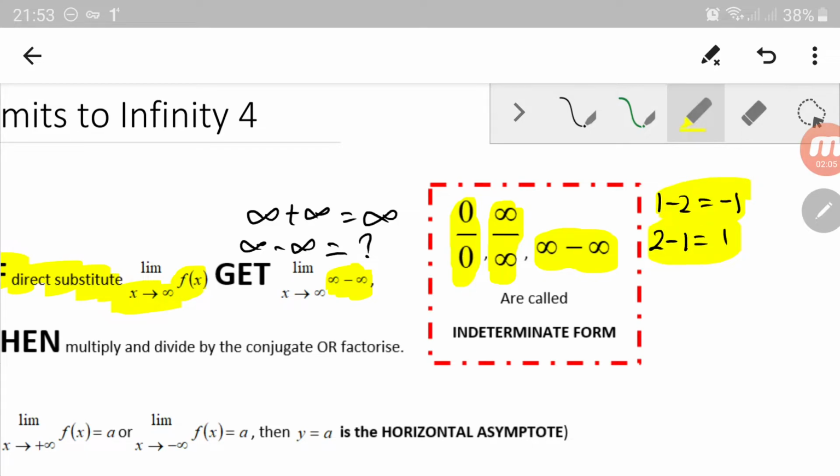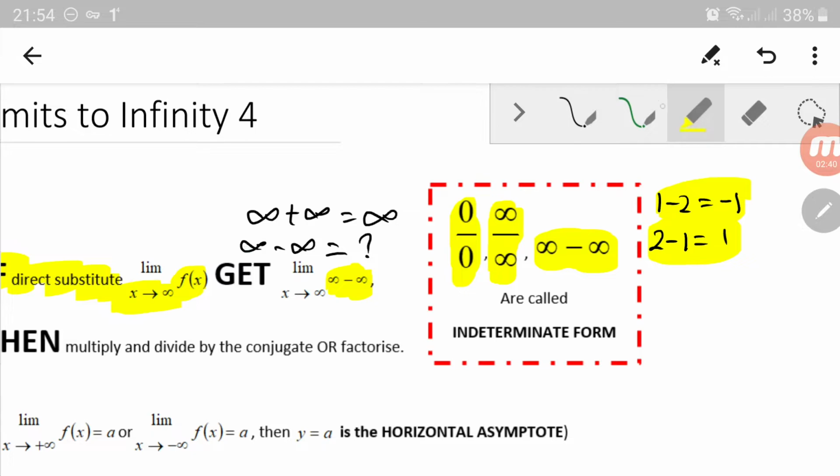If the first number is smaller, then the answer is negative. If the first number is greater than the second number we want to subtract, then the answer is positive.